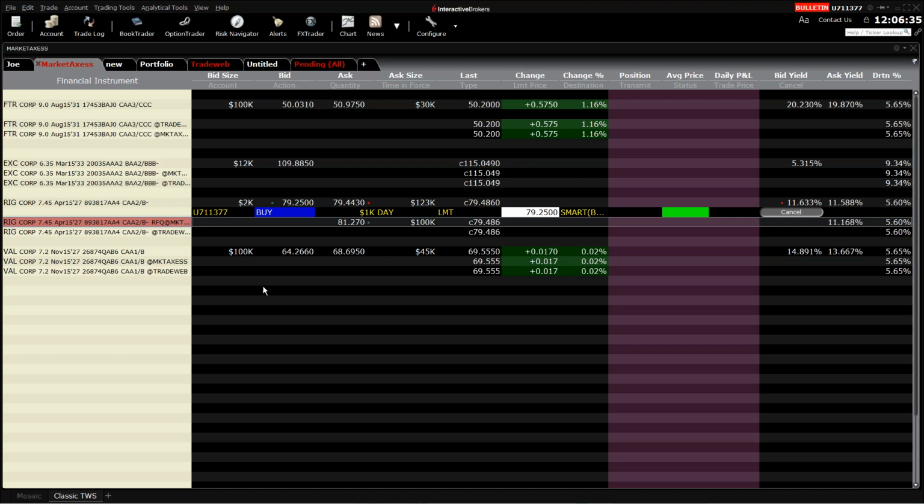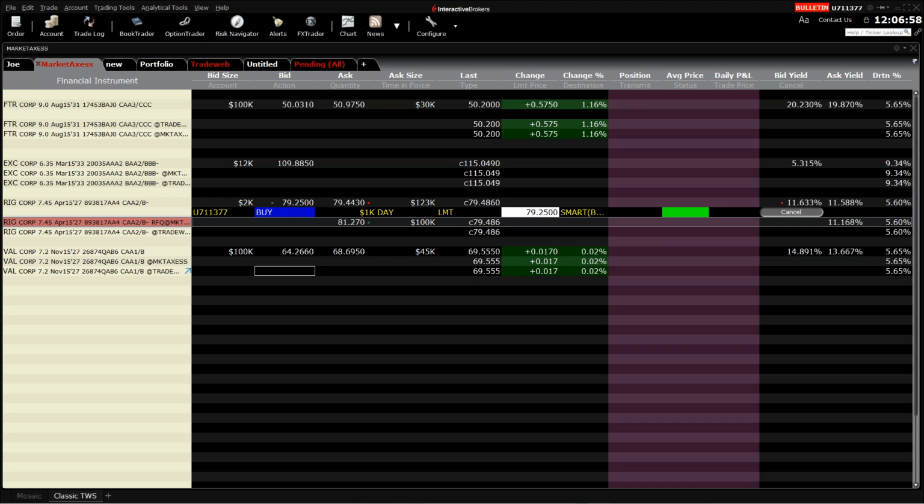And again, see, we have an offer here, 100,000 offered at 81.27. You will now notice that we have 123 offered here at 79.44. In most cases, the MarketAxess level will be better than the smart routing level, but not always. This is an example of when that happens.